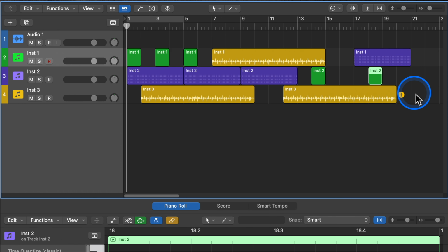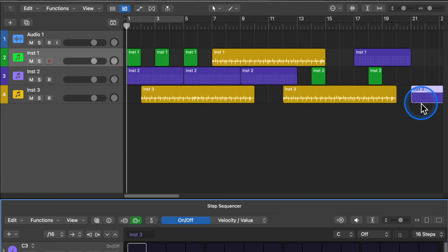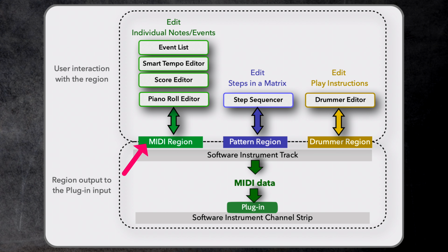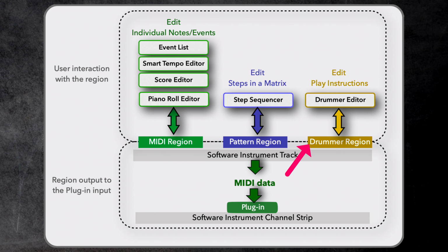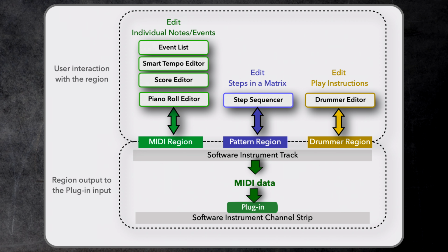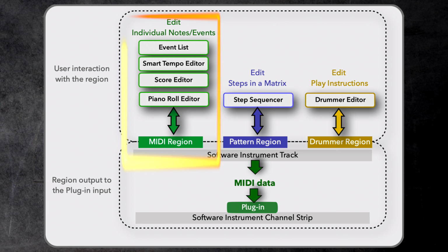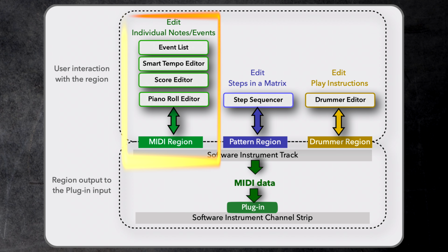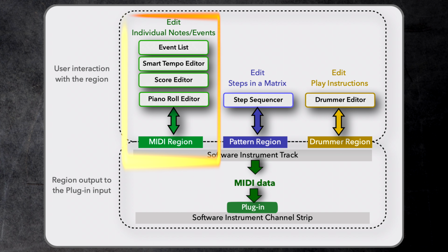To demonstrate the reason behind that, I created another diagram. We have the 3 region types with their corresponding color code: MIDI region, pattern region, and drummer region. The user interacts with the region via an editor. You use the piano roll or score editor, smart tempo editor, and also the event list to edit MIDI regions.